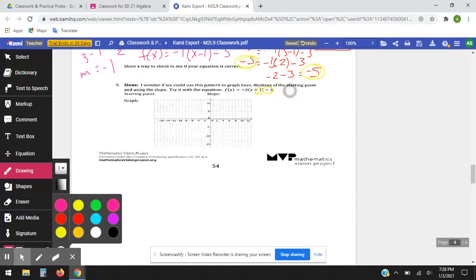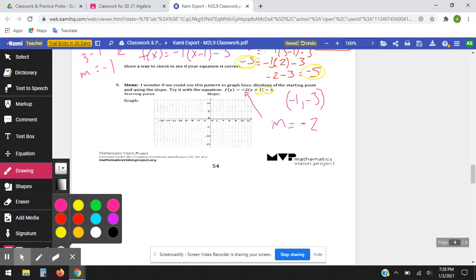So our coordinate must be x equals -1, which would give me a +1, and my y coordinate must be -3. So this must be my starting point. I know m equals -2 because it's right here. So now I can use this to graph my line.